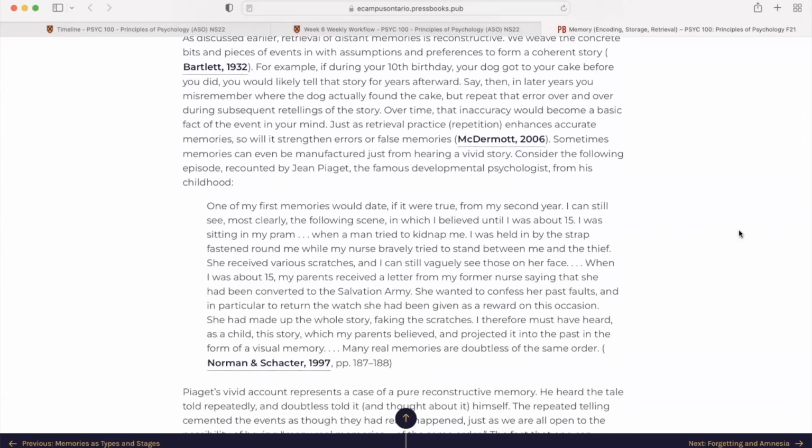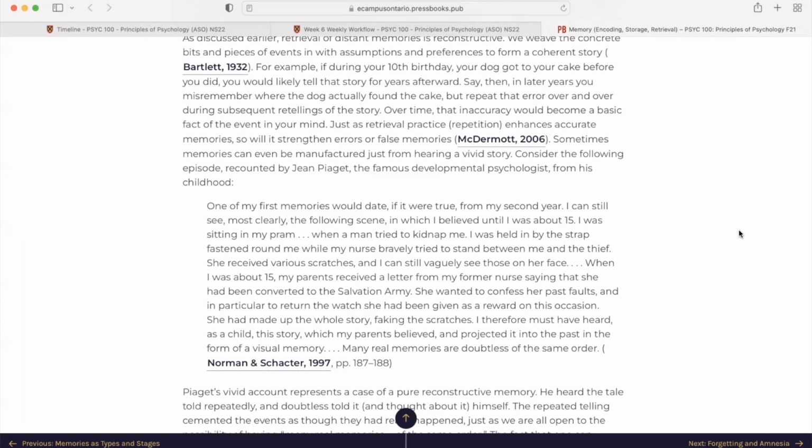One of my first memories would date, if it were true, from my second year. I can still see most clearly the following scene, in which I believed until I was about 15. I was sitting in my pram when a man tried to kidnap me. I was held in by the strap fastened around me while my nurse bravely tried to stand between me and the thief. She received various scratches, and I could still vaguely see those on her face.